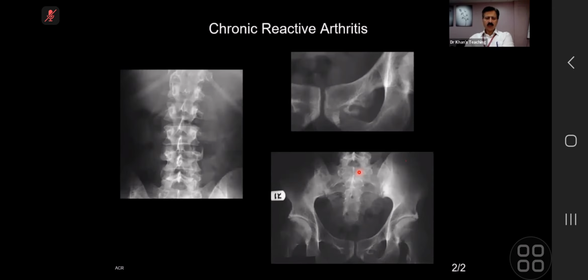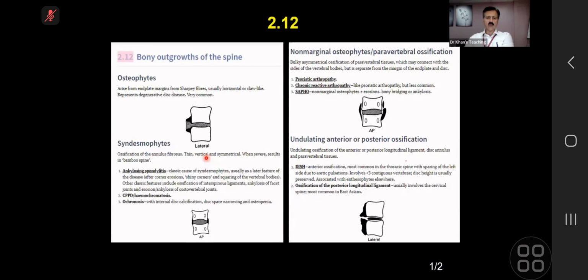In this case, if you look carefully, there was a bit of new bone formation here also, and with that, you can see this bit. So what is this? This is from the new Chapman, so develop your concepts about these terms. Please remember that there is a bit of discrepancy in literature, and the same words are used interchangeably.